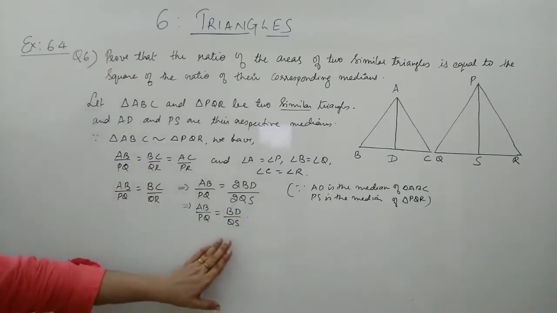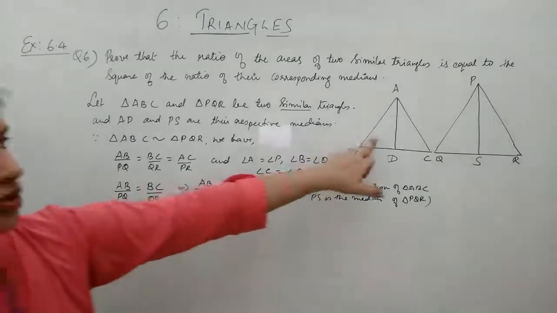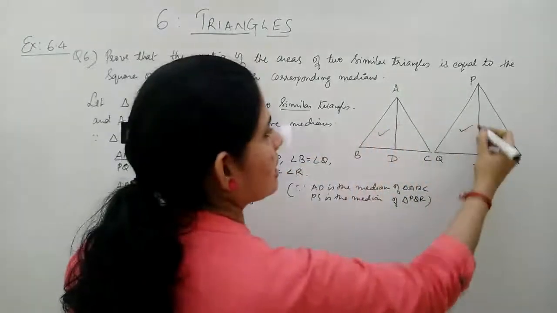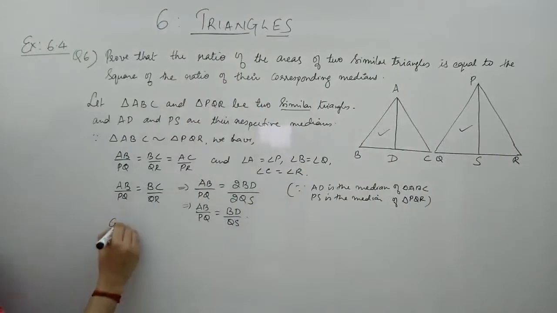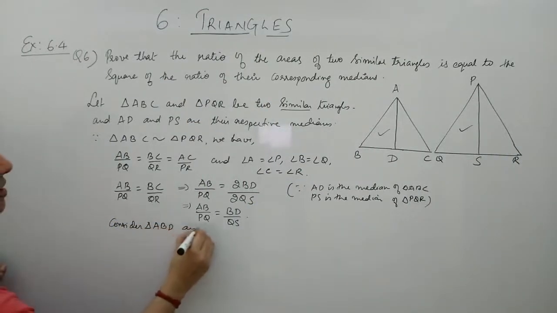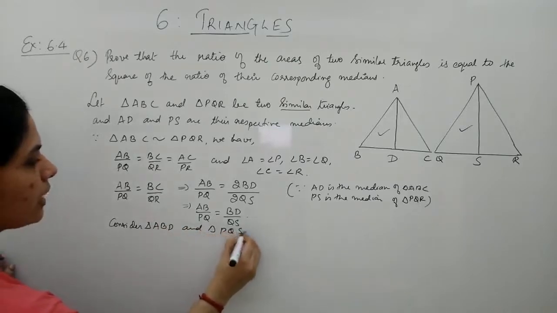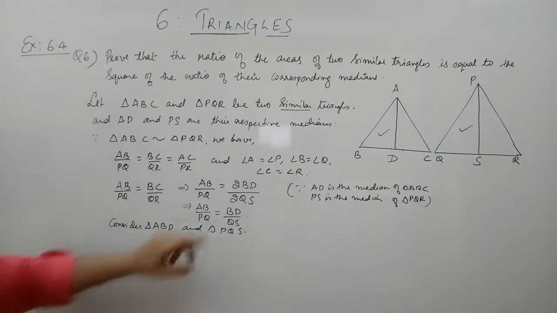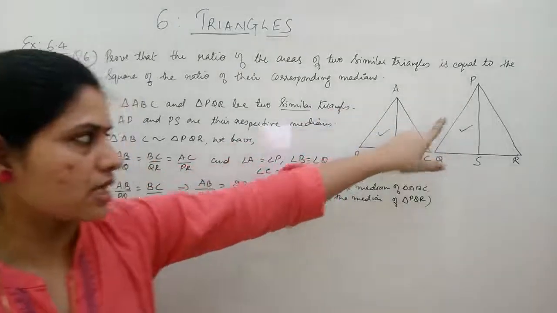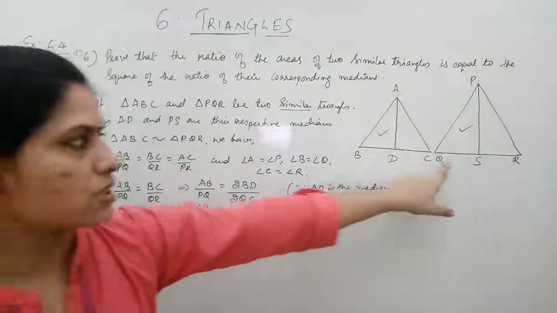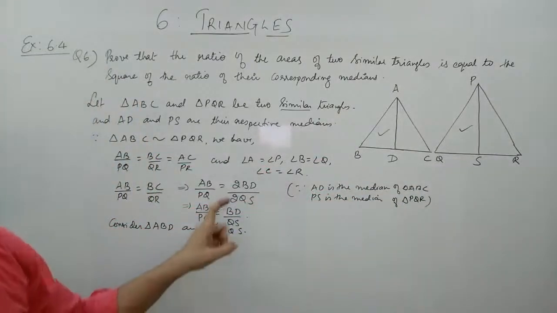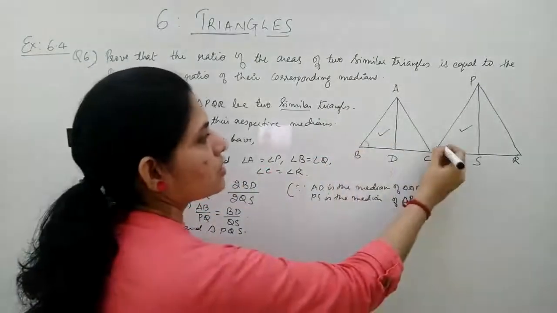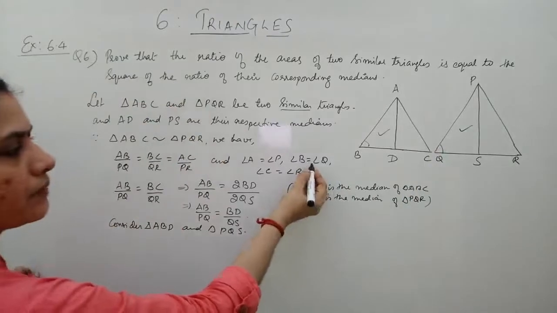Now we are going for these two triangles, triangle ABD and triangle PQS. So what points do you get from these two triangles? One thing is these two fractions are equal. Then you have this angle equal to this angle, which we already have, right?